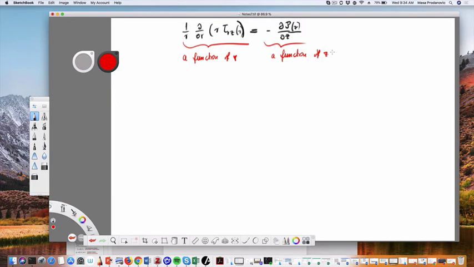So the only function of r and a function of z that are equal for all r and z, this is valid for every r and z, valid at every point. The only function that satisfies that is a function that doesn't depend on r and z. Okay? And that's a constant. Are we following the mathematical argument here? So it has to be constant.